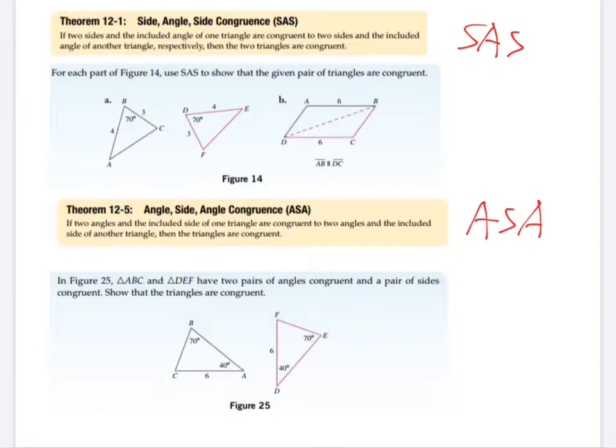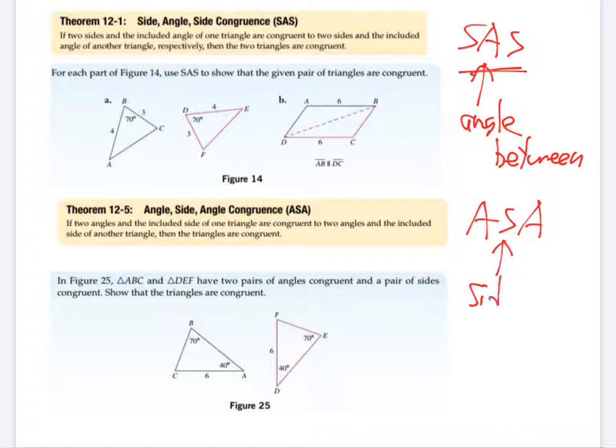And by the way, the order matters. Back over here, when we say side, angle, side, we mean two sides and the angle between them. Right? That angle's between those two sides. And here we mean the side between two angles. You can see it in the picture here. This is a 4 and a 3, and we have the angle between.